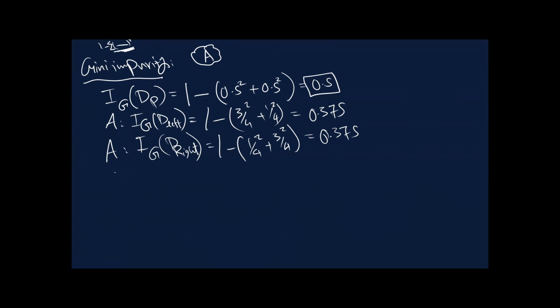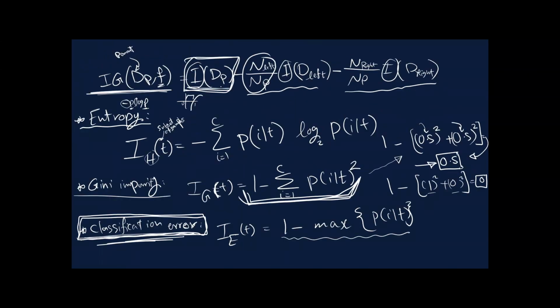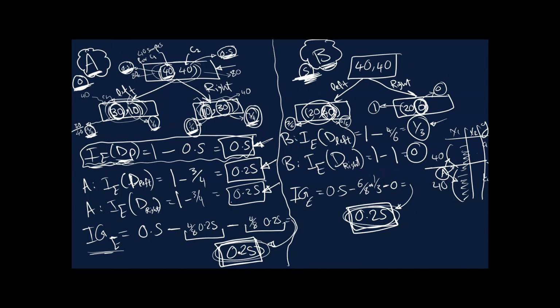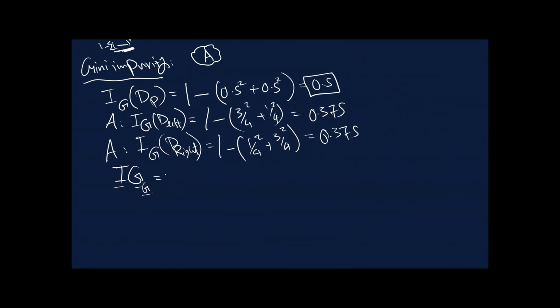And then we can now calculate the information gain for the Gini impurity. Information gain of the Gini impurity would be, again, following the main equation, the impurity of the parent minus the impurities of the children normalized, multiplied by the number of samples ratio.